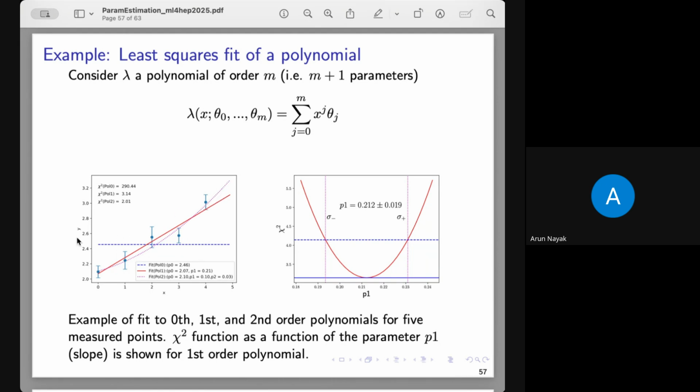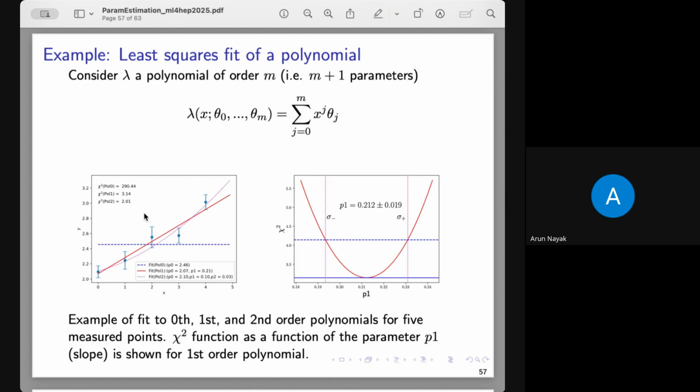Of course the constant would not fit, so the chi-square that you get is very high. The minimum value of the chi-square is quite high. Then you have the straight line here, which gives you chi-square equal to 3, and this is the total chi-square. It's not chi-square per degree of freedom, that we'll discuss later. And for the polynomial of second order, you have chi-square equal to 2.